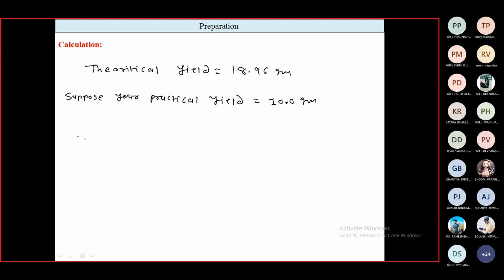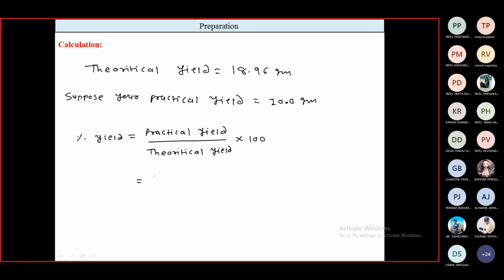Then percentage of yield is equal to, this is the formula, practical yield divided by theoretical yield into 100.